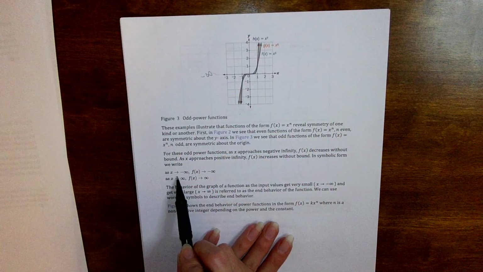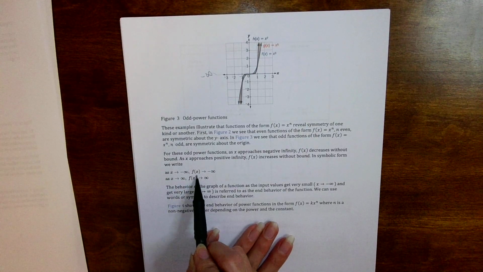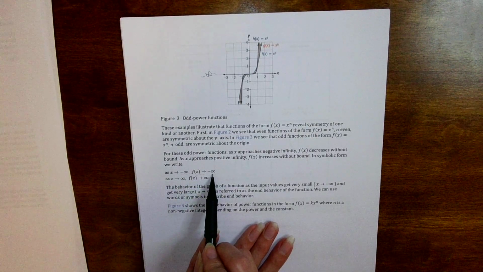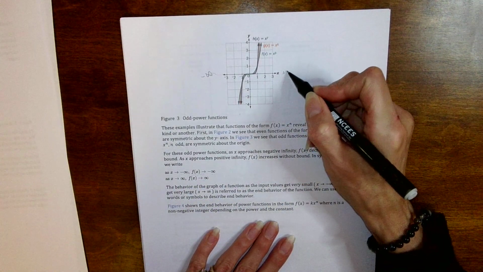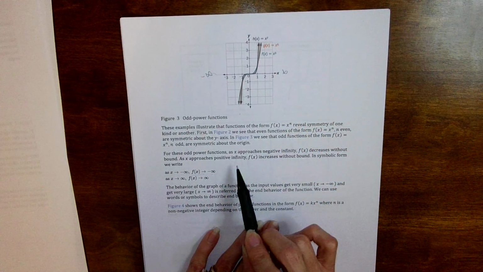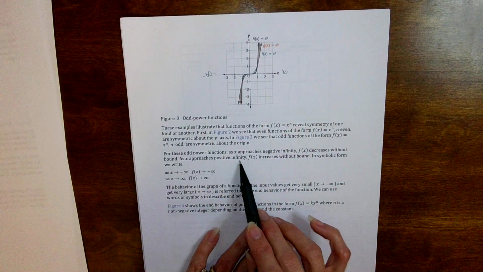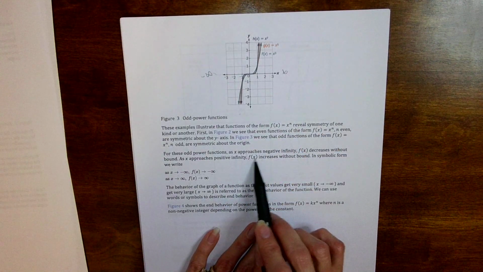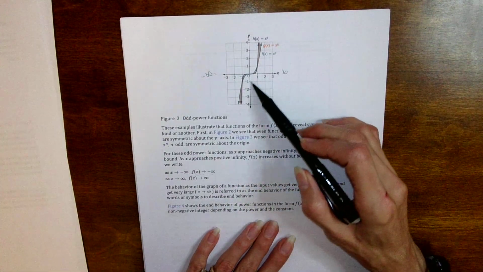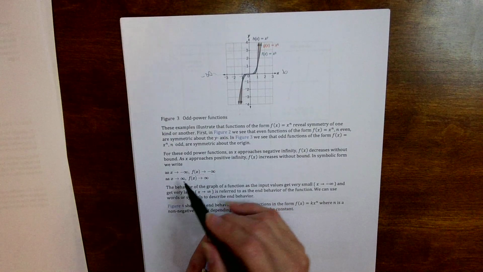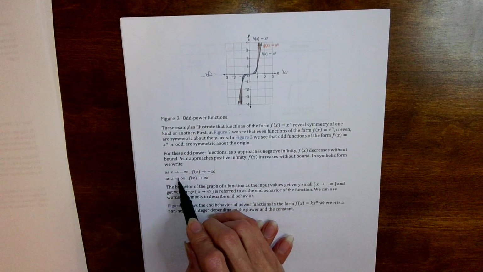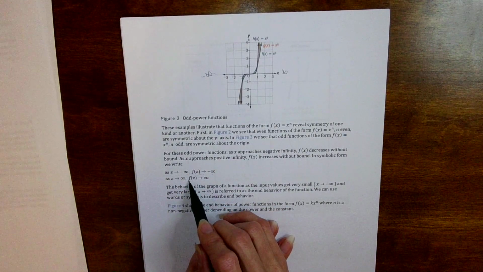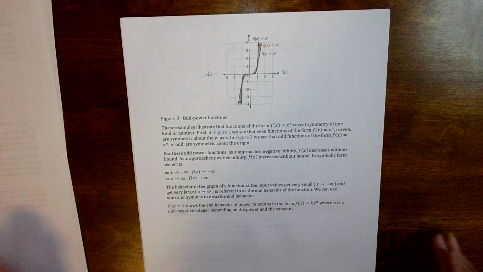So the y values approach negative infinity. This is positive infinity. As x approaches positive infinity, as it goes this way, f of x or y increases without bound. And so as x approaches infinity, f of x approaches infinity as well.